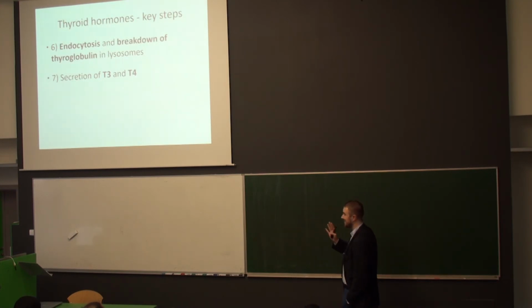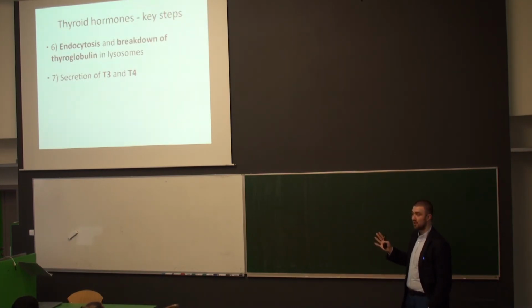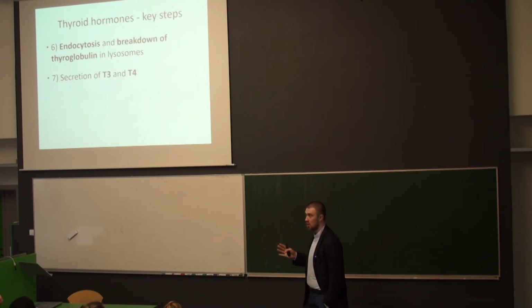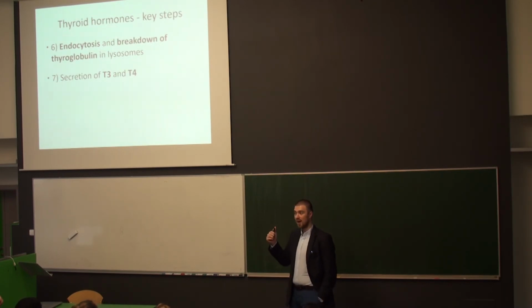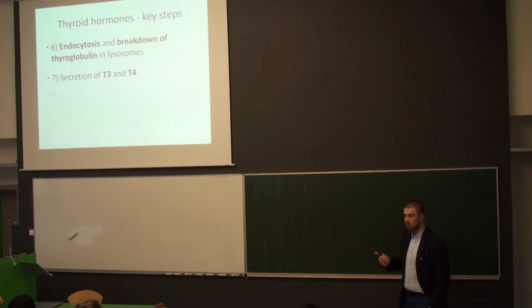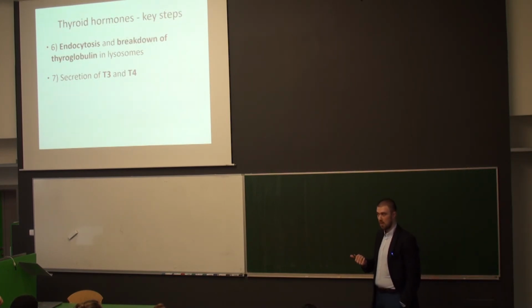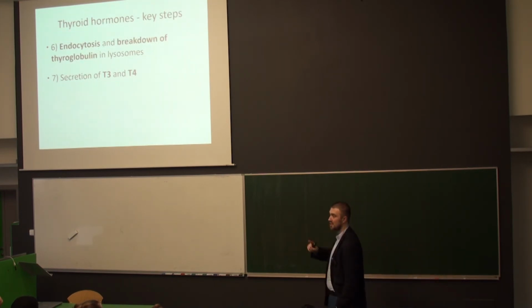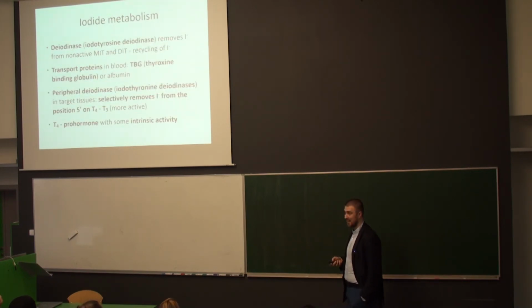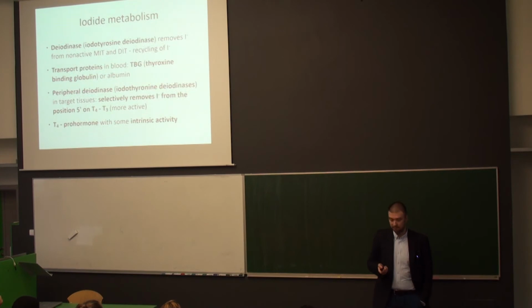Of course, in this phase, you do not release only T3 and T4. The problem is that still in the molecule of thyroglobulin, you have some molecules of uniodinated tyrosine and the molecules of monoiodotyrosine and diiodotyrosine. And the question is how you can recycle these molecules. And the recycling is done by one enzyme that we call central deiodinase, or the full name is iodotyrosine deiodinase.